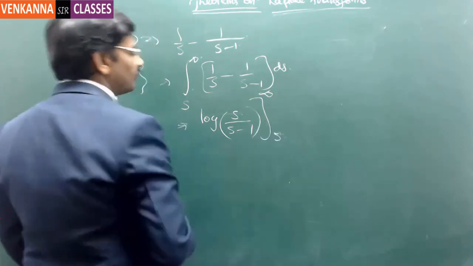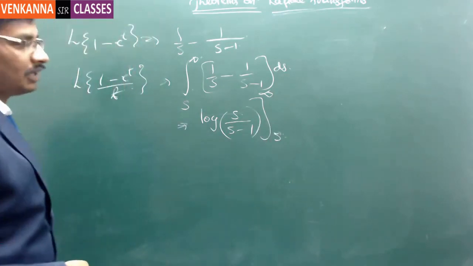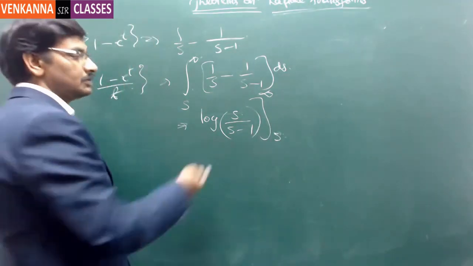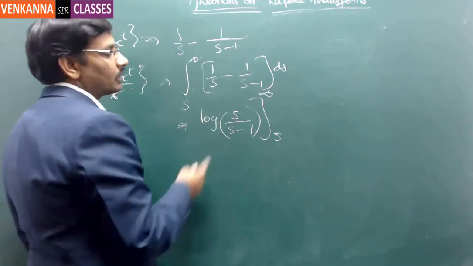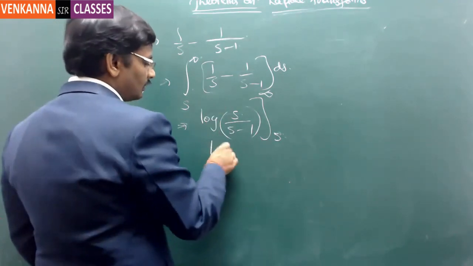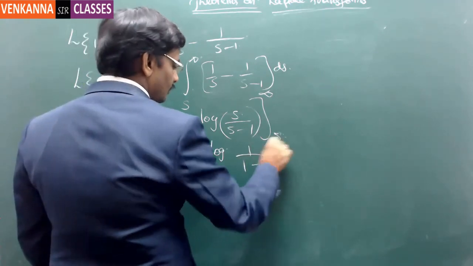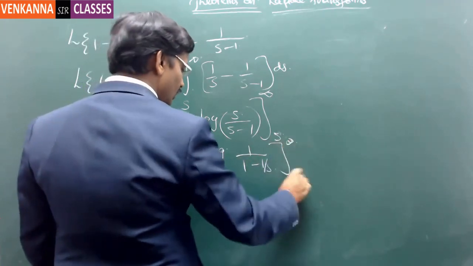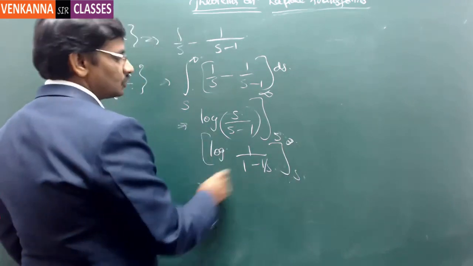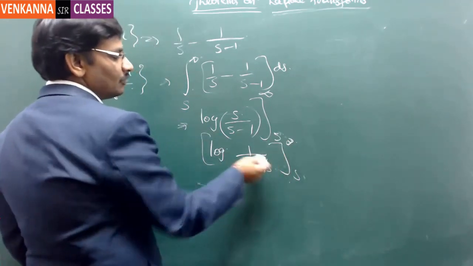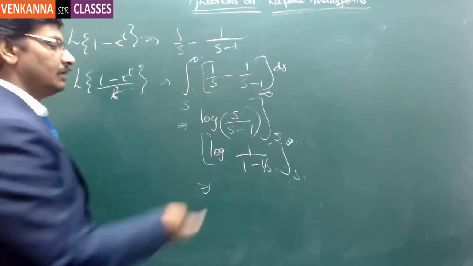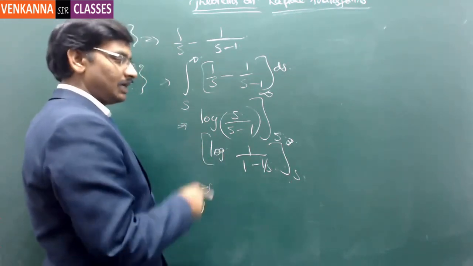For the upper limit, substituting infinity gives an infinity by infinity form, so you can divide the numerator and denominator by s to make this simpler: 1 by 1 minus 1 by s. So the upper limit is infinity, lower limit is s. When you substitute the upper limit infinity, 1 by infinity is 0, then this will be log 1, and log 1 is again 0.